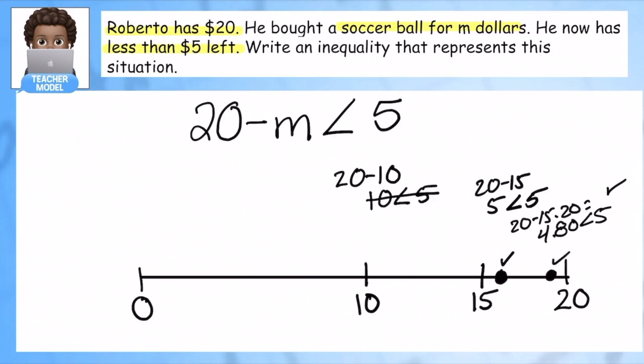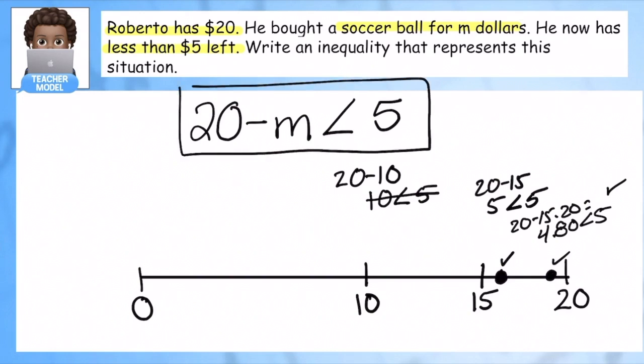So yes, this works. So what an inequality tells me is he can spend any amount as long as it's greater than 15. So that is how we can use some of our logic to figure out what could M be. And that's just telling me, if this is my expression, M is greater than 15.